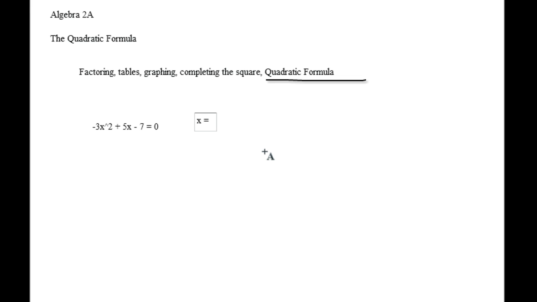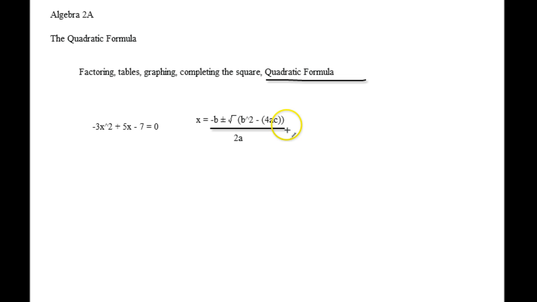It's actually x equals negative b, plus or minus the square root of b squared minus, I like to put that in parentheses, 4ac, and it's all divided by 2a. Alright, so that's the actual formula.